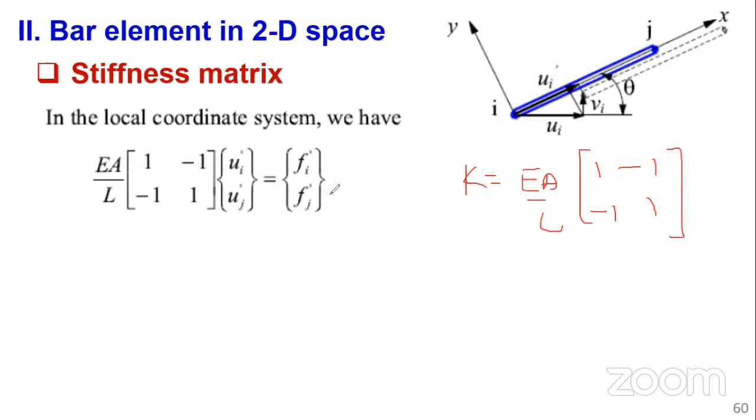And then when you talk of the finite element equation or the equilibrium equation for an element, you just need to introduce the displacement vector and the force vector. So you see now for the element, local coordinate system, we have this line to designate the local coordinate system. So we need now to see how we can create the stiffness matrix for the global coordinate system. How do we transform this?